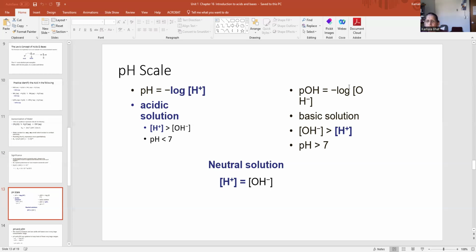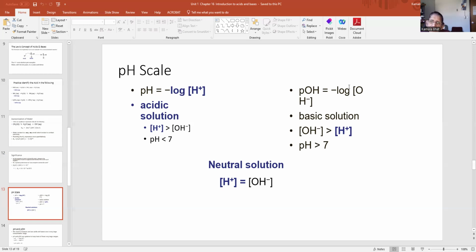So if you take out the pH for neutral water, it will be 7, because the negative logarithm to the base 10 of 10 raised to minus 7 is minus 7 times minus 1, which is equal to 7. So we can use it to express whether a solution is acidic or basic.